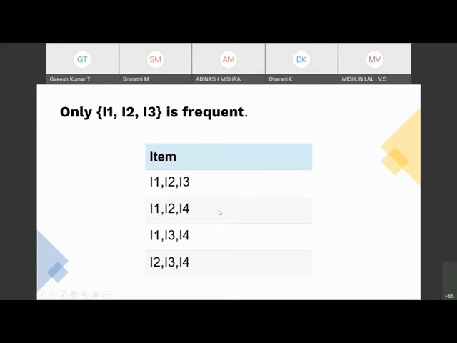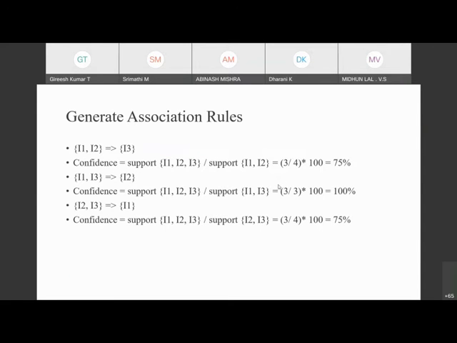So it is 3 by 3 into 100, which is effectively 100%. So confidence is 100%. What is the meaning of that? Confidence is 100% means if one person purchases item number 1 and item number 3, surely he is going to purchase item number 2. That much confidence he has. Okay, 100%. Our minimum confidence is 60%, so this rule also you have to take.